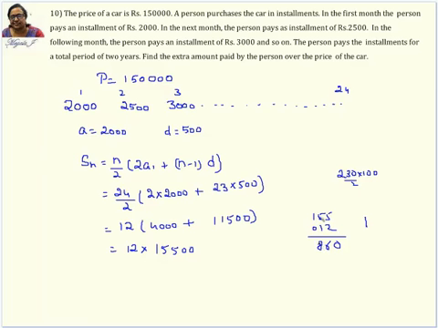Then 1 plus 0 is 1. So that is 1860, followed by 2 more zeros, which I didn't consider here.